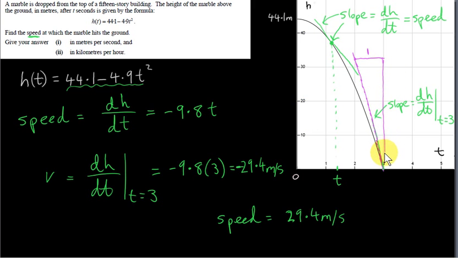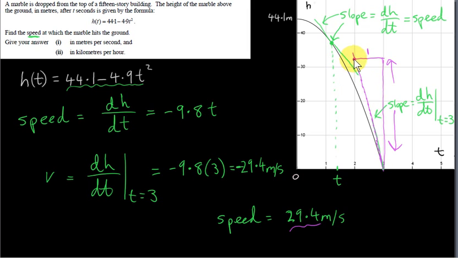So the change in h would be this distance here. Well, it should be 29.4, it should be around 30, but of course, allowing for the accuracy of this drawing, this distance here would be the speed. You can see it's about 30. Well, it's a bit more than 30. Well, it should come out to be 29.4 if I drew it accurately enough. So this distance here would be the slope.